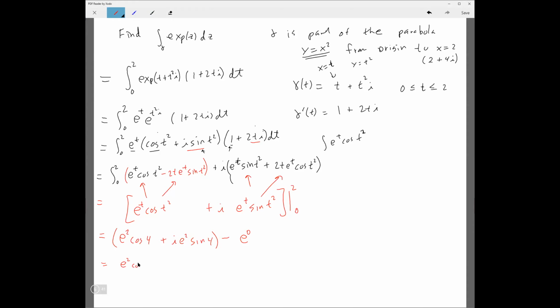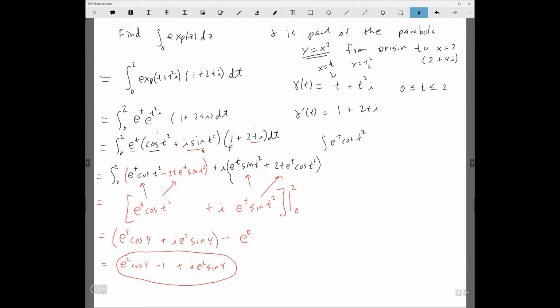So e squared cosine 4 minus 1, plus i e squared sine 4. Okay, so there's that example. There's an easier way to do this, I'll show you in a minute.